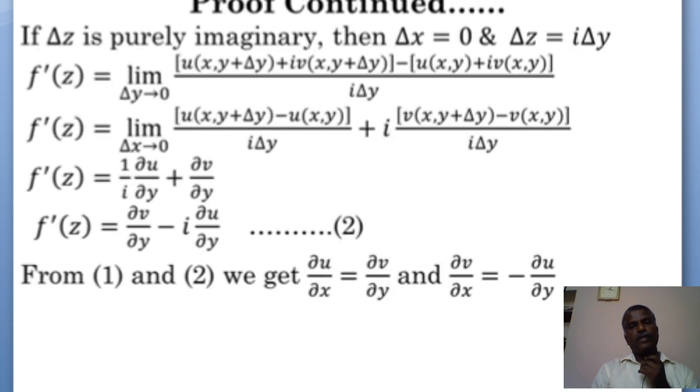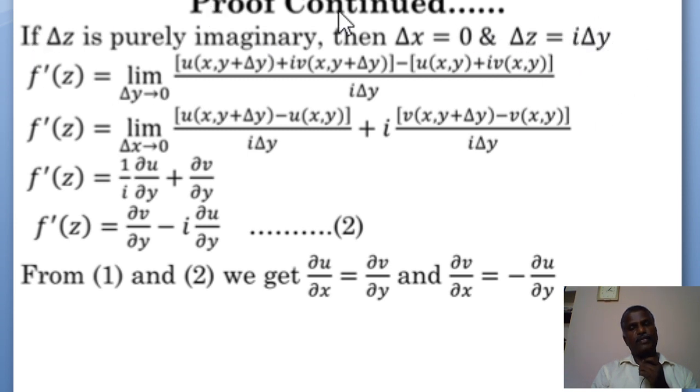Next part: in the first case we considered delta z purely real. In the second case, we consider delta z purely imaginary. The real part is equal to 0, so delta x is equal to 0 and delta z is i delta y. So we have only the imaginary part.